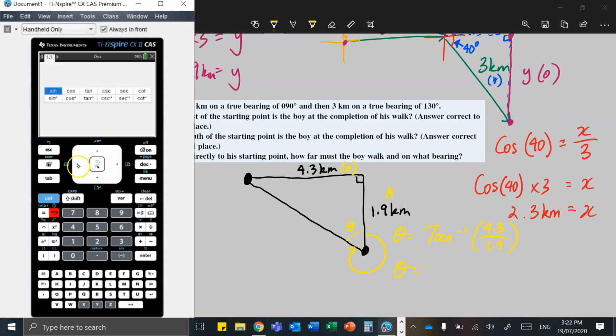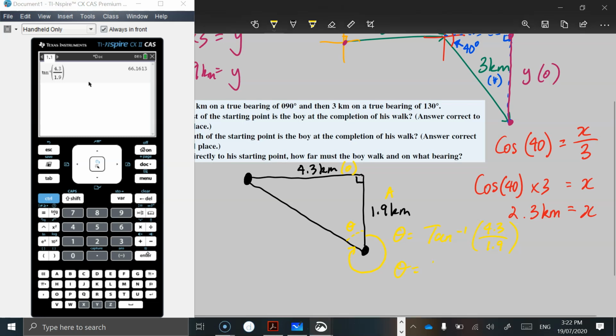So we'll put in inverse of tan, and we'll have 4.3 divided by 1.9, close brackets, we get 66, and we'll round off to the nearest degree.